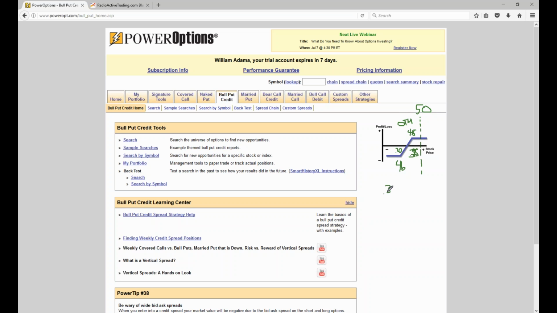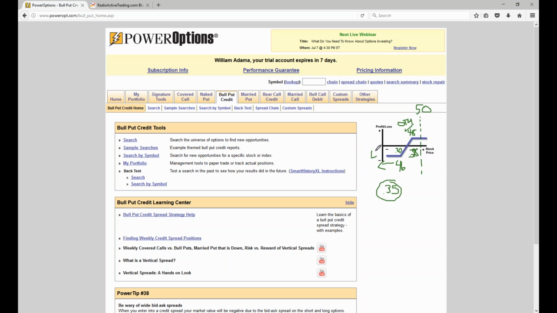So I'm going to receive a net credit up front of 35 cents as long as the stock stays above 50. At expiration, both puts expire worthless, we keep that net credit. Now I do have a risk. If the stock drops below 46, I'm going to be forced to buy shares of stock at 48 because of the obligation of the sold put, but I have the right to exercise my 46 put, which forces someone to buy it for me.